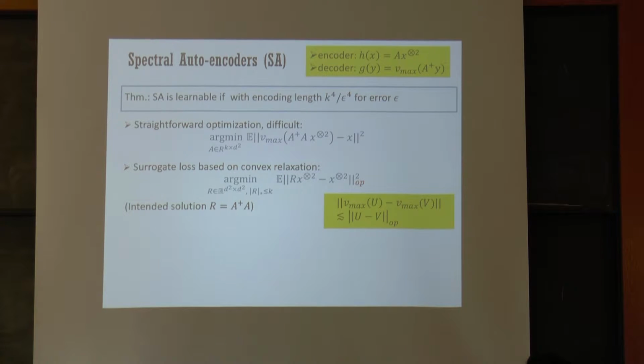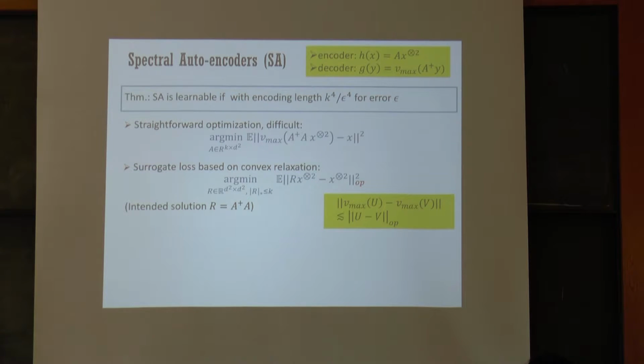And we also remove this Vmax, because the difference between the top eigenvectors of two matrices is bounded by the spectral norm of the difference of these two matrices. So that's another relaxation. We remove the Vmax and only measure the spectral norm of the original matrix.